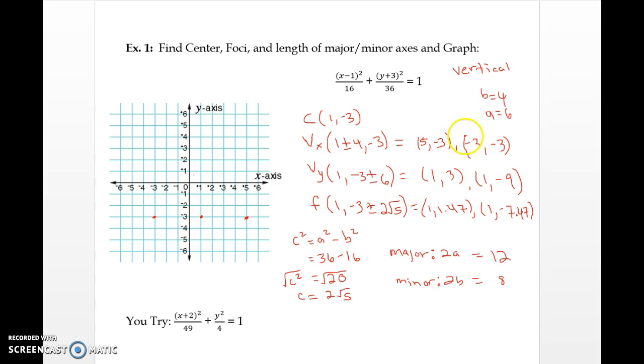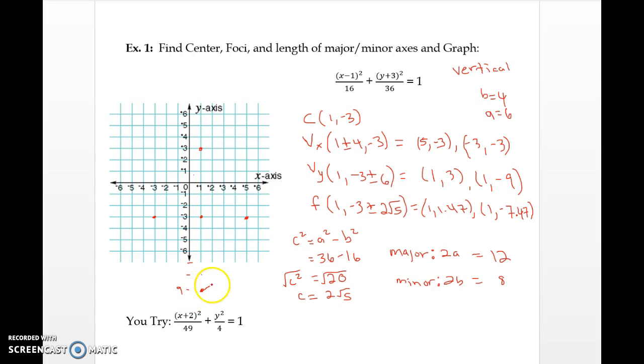You'll also notice 5, negative 3, it would be this point here, and negative 3 is this point over here. So you can use the points you wrote out, or you could just move a and b away. Going up, a, which is 6, so 1, 2, 3, 4, 5, 6. And down, 1, 2, 3, 4, 5, 6. And that's 7, 8, and 9.